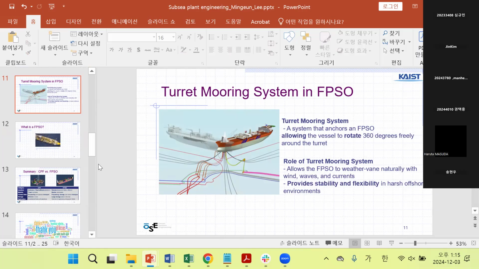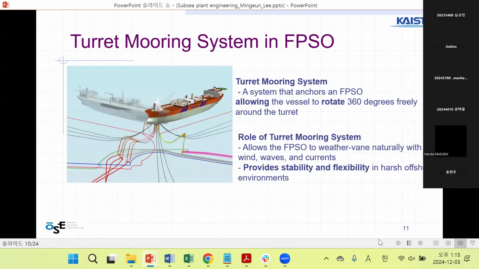The pipelines are fixed to the ground, right? They should be connected to the oil shell reservoir. So oil or gas is flowing through the riser system, as you see in the video. So the pipeline should be fixed to the ground, right?